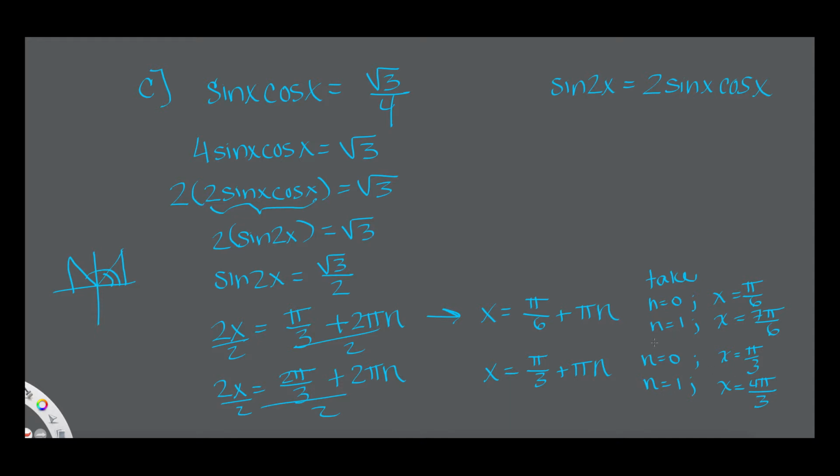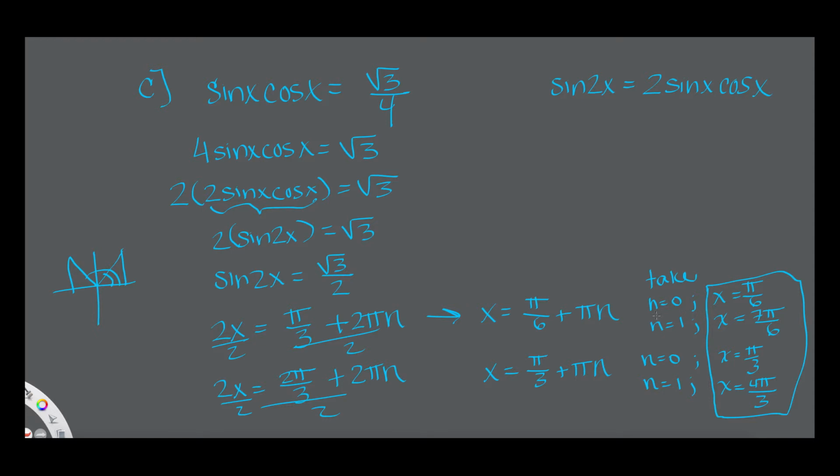Notice if I go to n equaling 2, now I have plus 2 pi. Pi over 6 plus 2 pi is out of my 0 to 2 pi range, right? So we don't need to consider anything bigger than n equal to 1, but there are 4 solutions to this, okay?